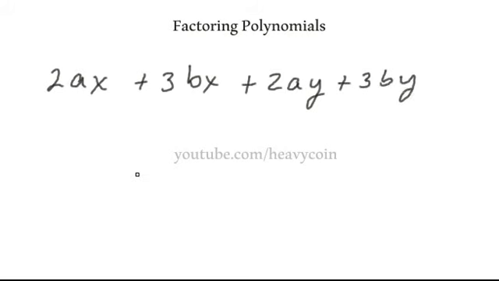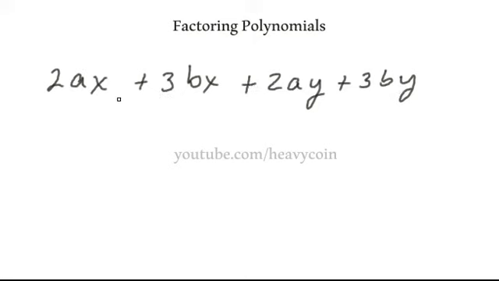Okay, I'm not just making this stuff up in my head, by the way. I've actually got this stuff written down and worked out. So anyway, 2ax, 3bx. Okay, let's see, what can we factor out? What could we do here? An a and an x, a b and an x, an a and a y.